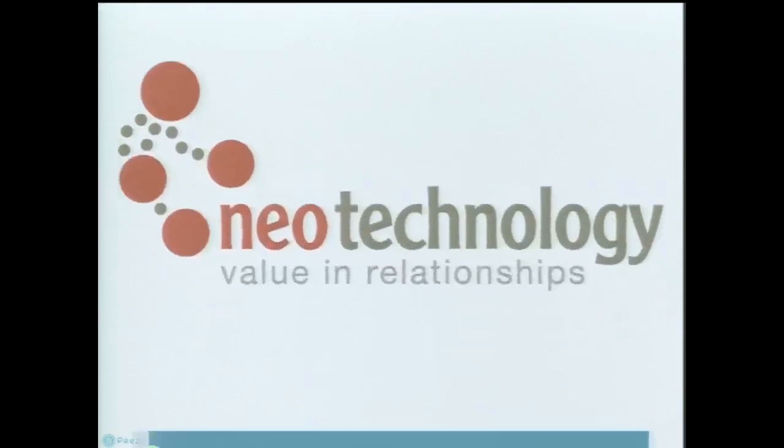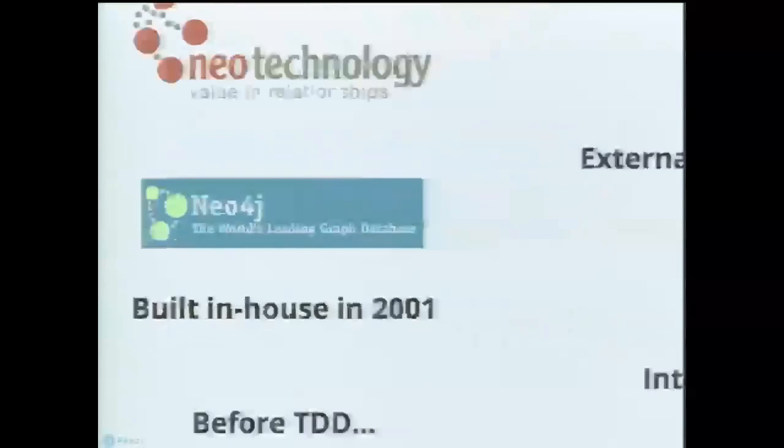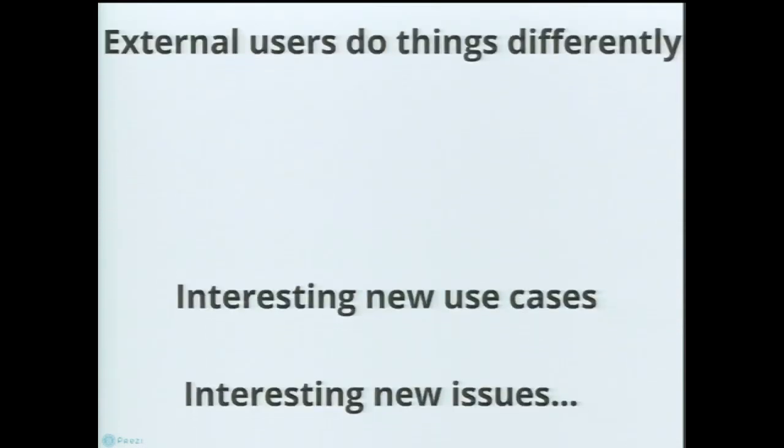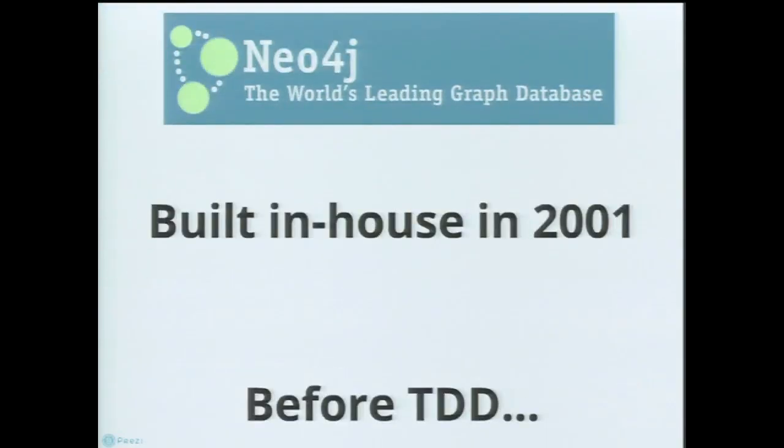This was way before TDD. It was built in-house in 2001. So external users do things a bit differently, which leads to interesting new use cases and interesting new issues. And many of those are around concurrency.